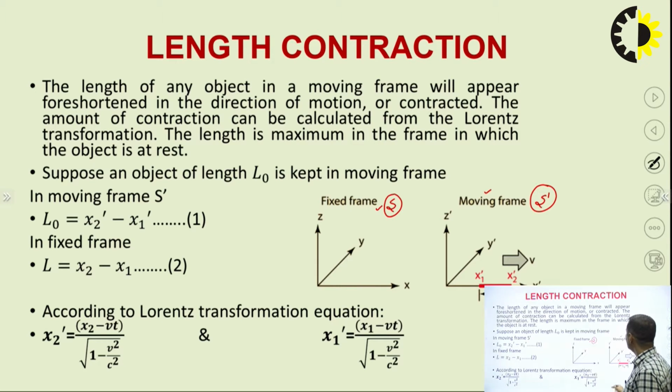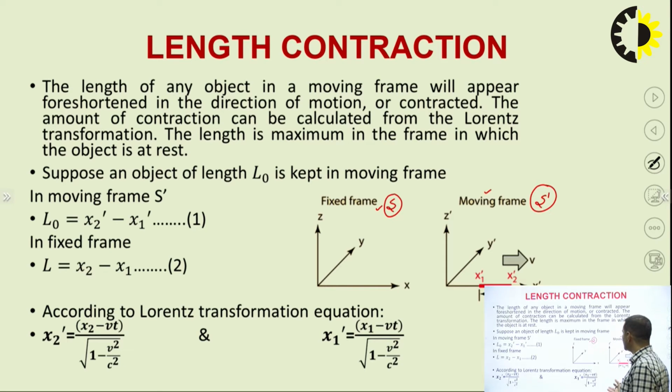If the object and observer are both in the same frame of reference, then the length will remain constant. If we put the object in the fixed frame and the observer is also in the fixed frame, then the length will remain the same. It will not change.